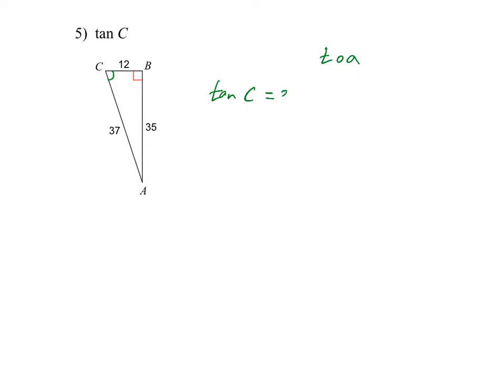The opposite from C is 35, over 12, which is the adjacent. Keep in mind that the only one of the three trigonometric ratios that does not involve the hypotenuse is tangent. That's going to help us when we solve applications, which we're going to see in our next video.